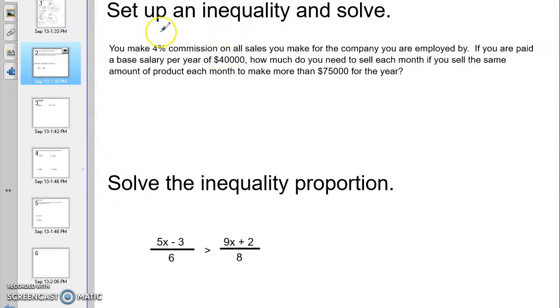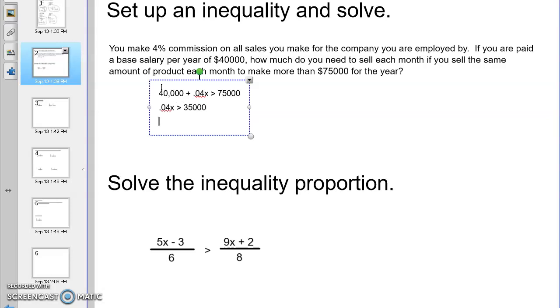Now here we need to write the inequality before we can solve it. You make a base salary of $40,000 and you get 4% commission on everything. And you want to make more than $75,000. You have to actually be more, so it's just a greater than sign. So this becomes 0.04x is greater than 35,000.